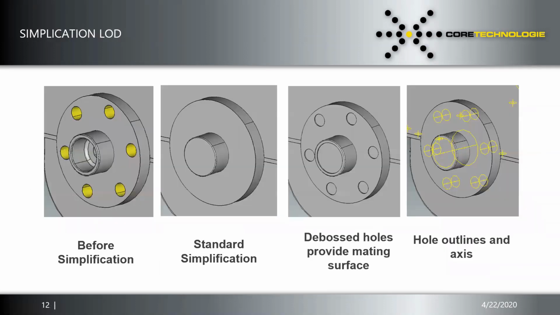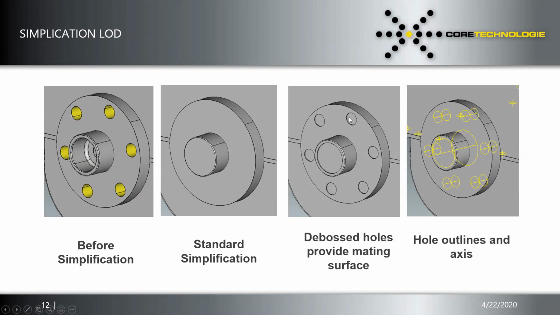One thing that you won't be able to see in detail today in the demo, just in the essence of time, is our level of detail. Frank will probably touch on this in the demonstration, but I wanted to go over it in more detail here. For our level of detail, depending on your requirements, we can actually remove the holes. We can keep the holes if maybe they're connection points for your supplier or for yourselves going into your mass assembly.